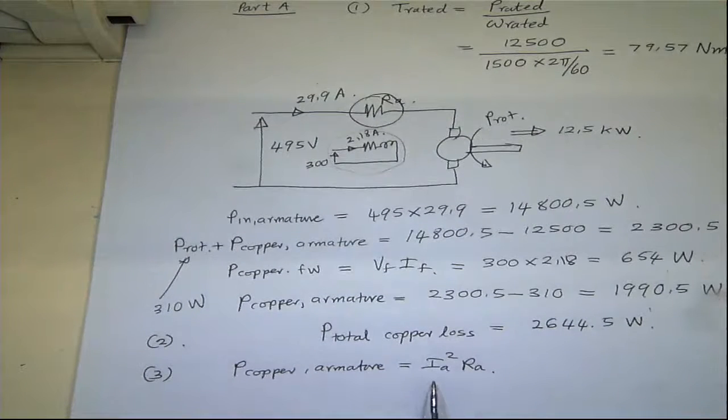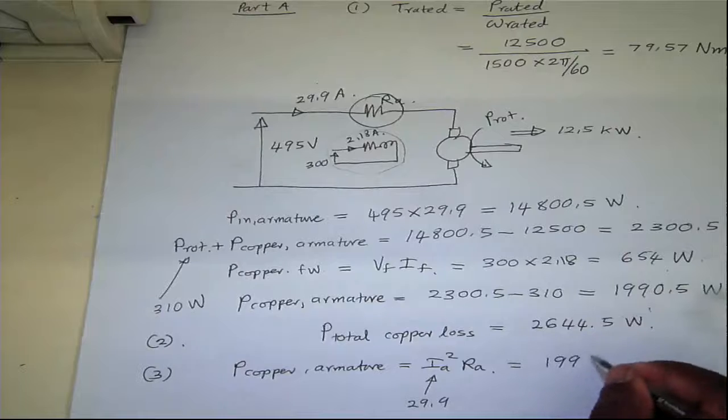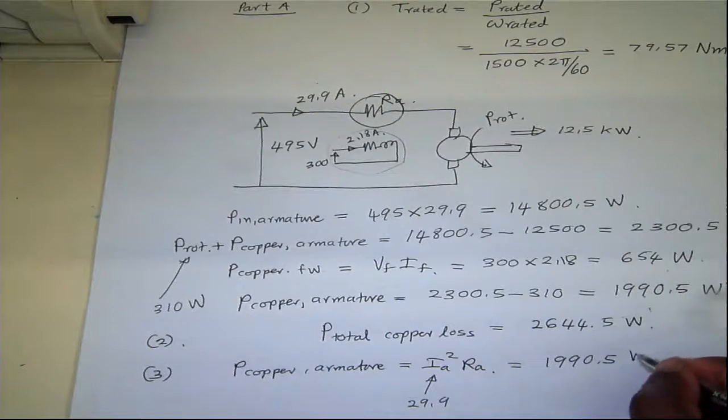IA is given as 29.9, so this is 29.9 squared times RA, and this is equal to 1990.5 watt.